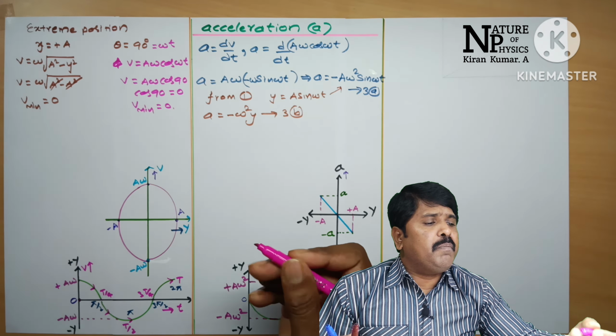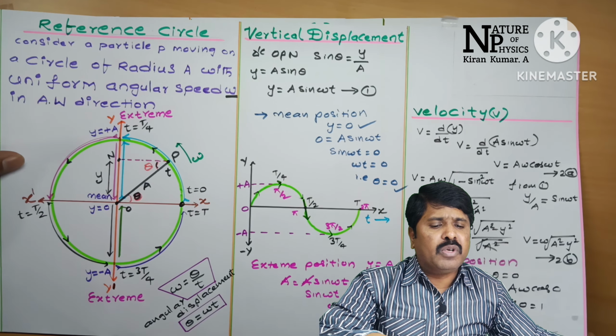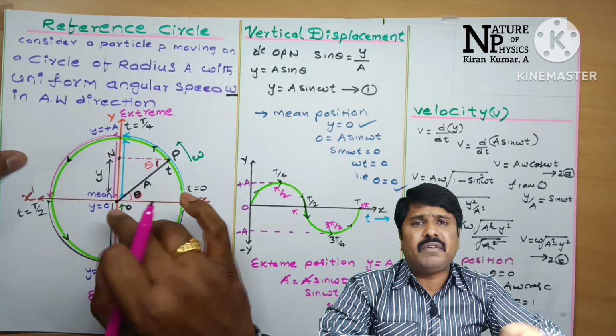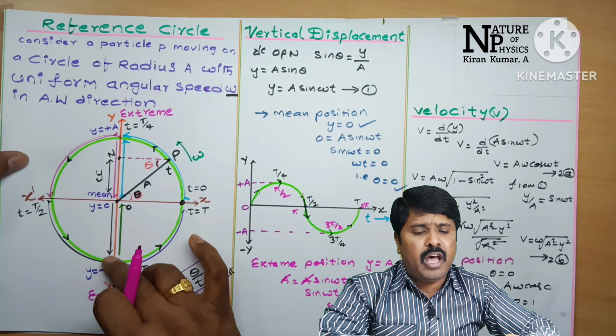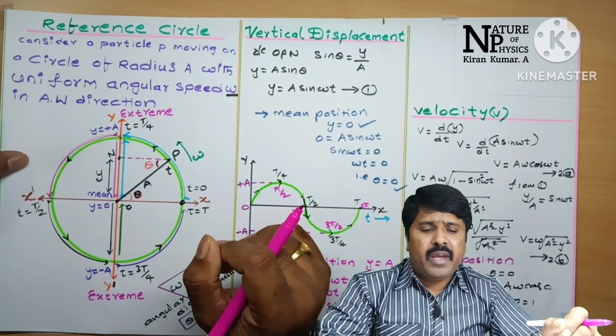Simple harmonic motion is nothing but a particle moving along the circumference doing simple harmonic motion on any diameter. Here the particle is moving on the circumference of the circle, but it is doing simple harmonic motion on the y diameter.